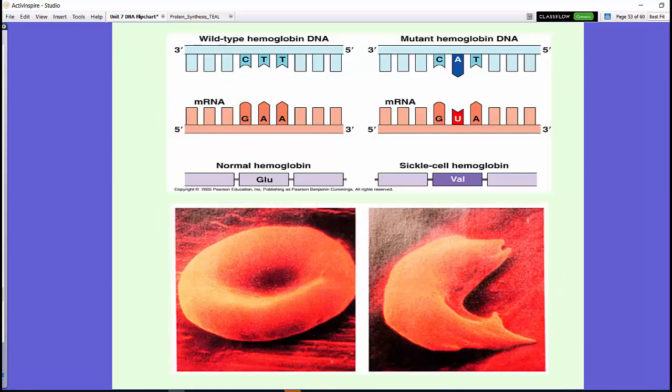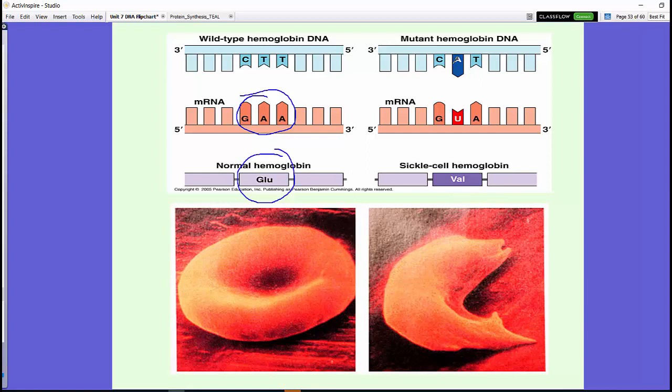An example of a frameshift mutation is sickle cell anemia. In here, we have what should be the sequence of CTT. Now, CTT on our DNA strand will read on our mRNA strand GAA. So this is our codon right here. And remember with our talking about translation, we have our tRNA come in. The normal hemoglobin amino acid should be this, GLU, glutamic acid.